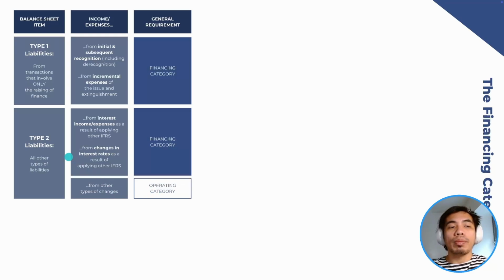So type 2 liabilities become a bit more complicated because there are other income and expenses that could be classified into the operating category, so you have to be careful. For type 1 liabilities, practically everything from initial inception up to the extinguishment or disposal would go into the financing category.